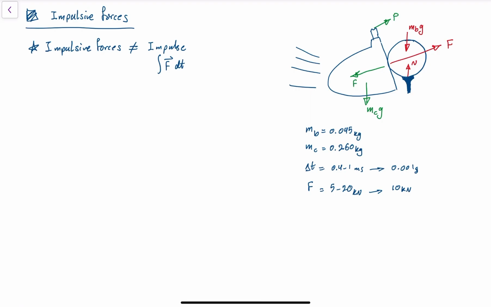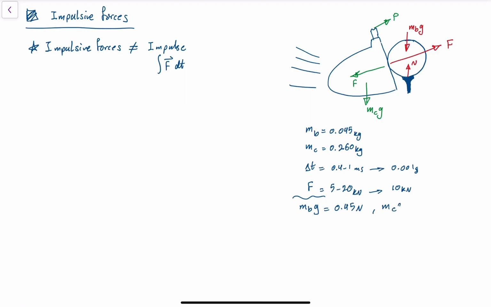Now let's calculate these forces. Force of gravity, mb times g, let's take g to be 10, who cares, is 0.45 newtons.